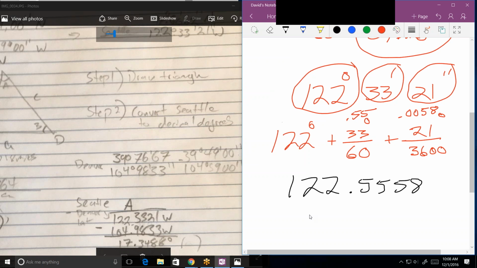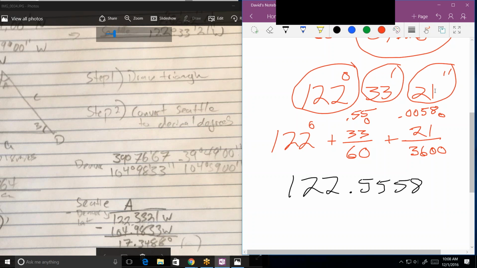Must have been on this page. Yeah. Here we had Seattle's longitude, 122 degrees, 33 minutes, 21 seconds. So the 33 minutes has to be converted to an amount of degrees. So does the 21 seconds. Well, 33 divided by 60 is equal to 0.55.